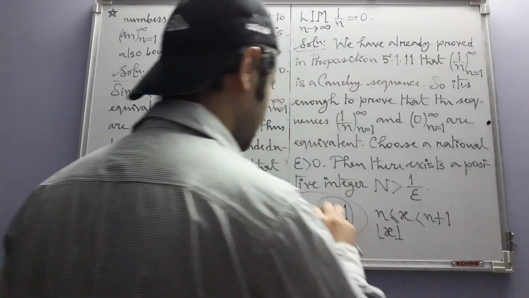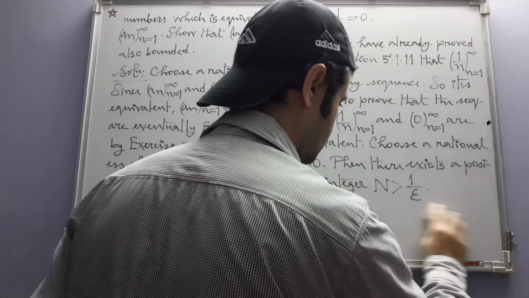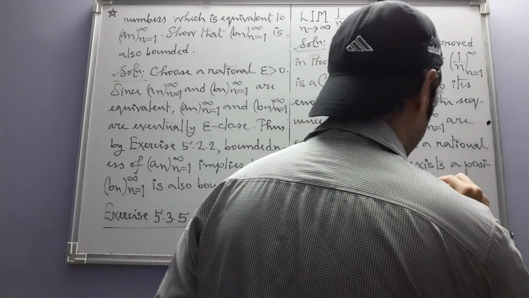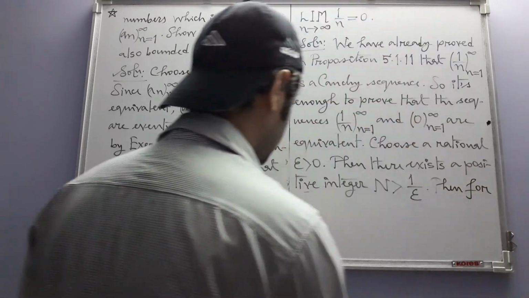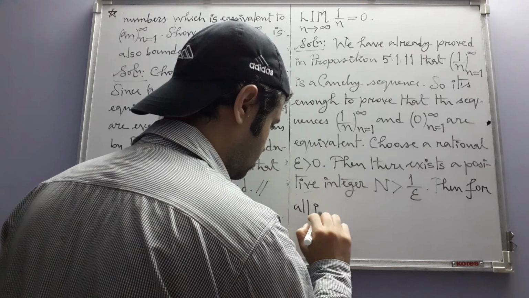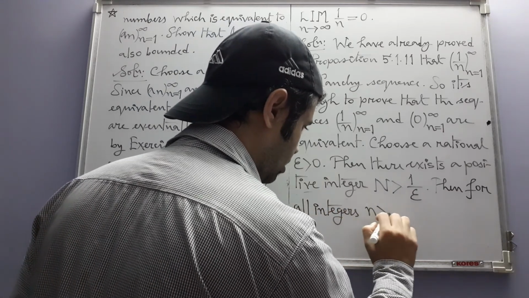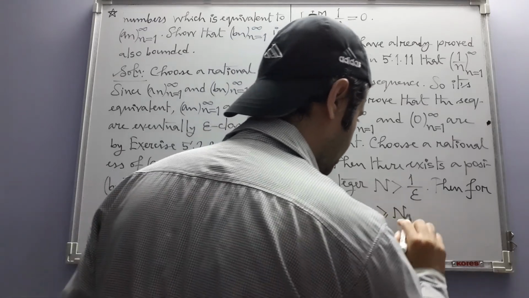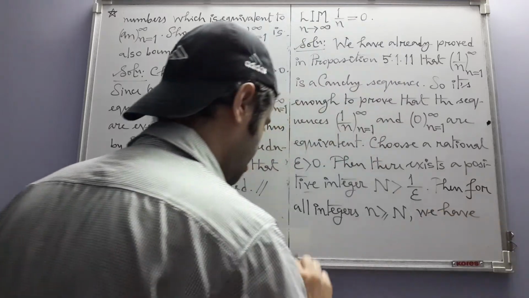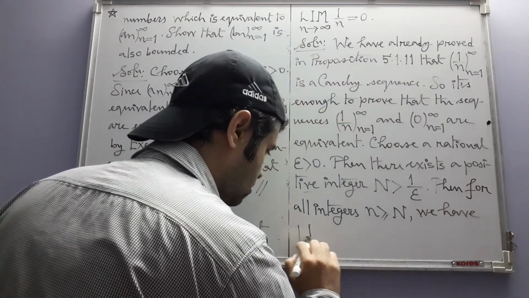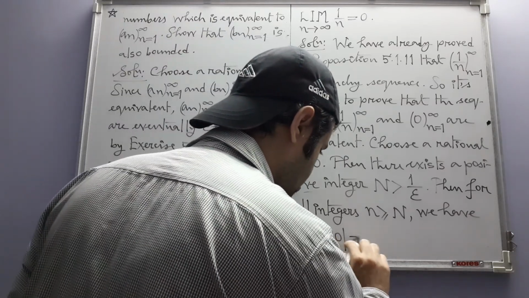Let us now see what we can do with this capital N. Then for all integers n greater than or equal to capital N, we have 1 over n minus 0.